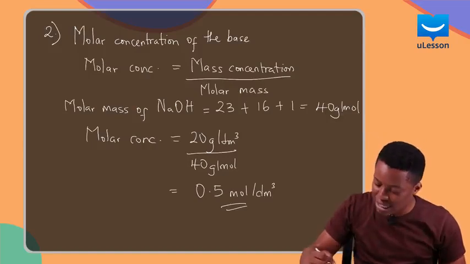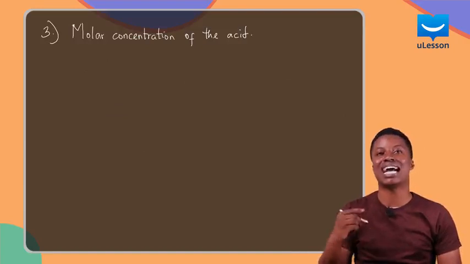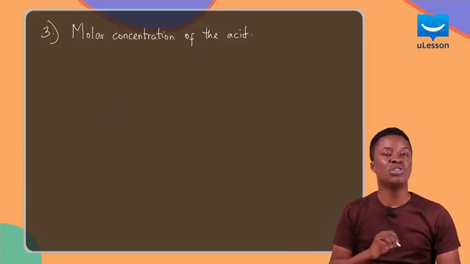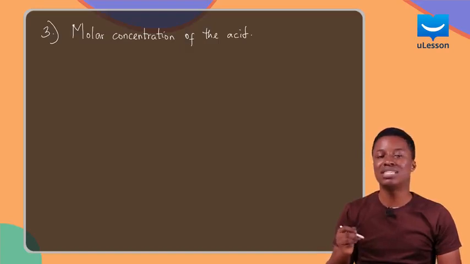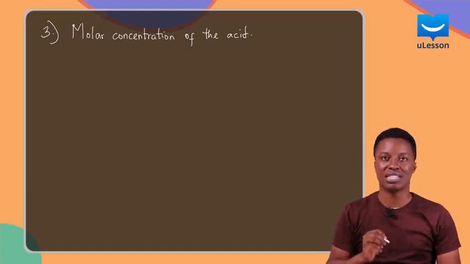Let's try one last question: to obtain the molar concentration of the acid. Now, we know nothing about the acid, but we can obtain its molar concentration using a formula we gave in the previous lesson.